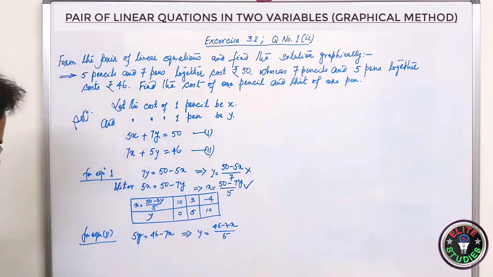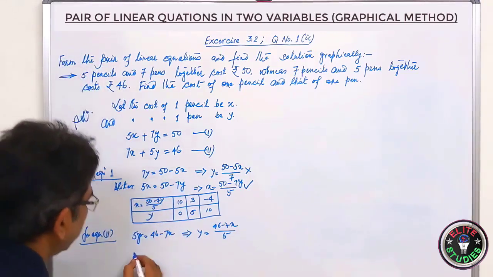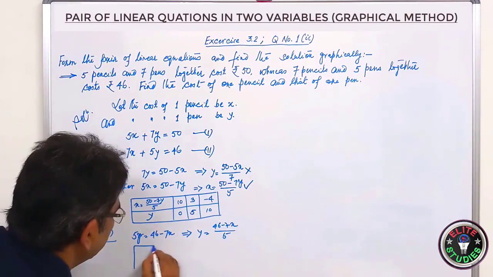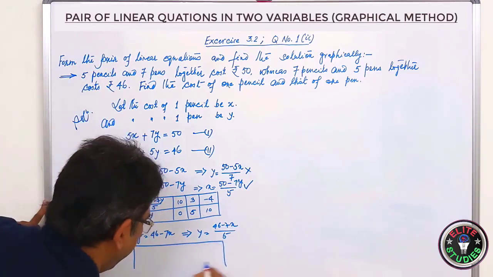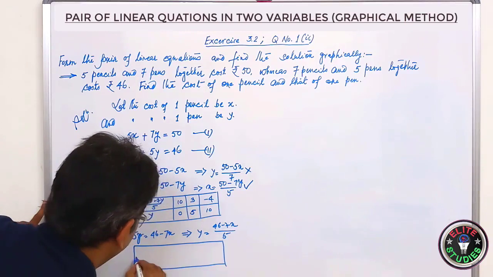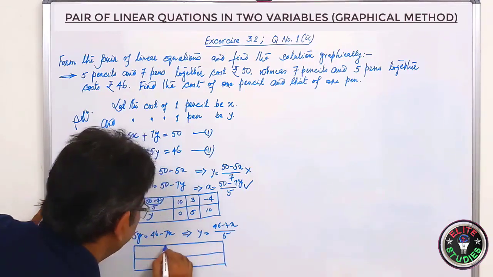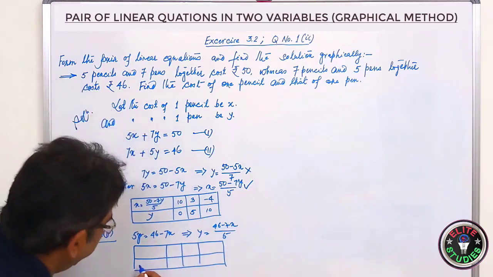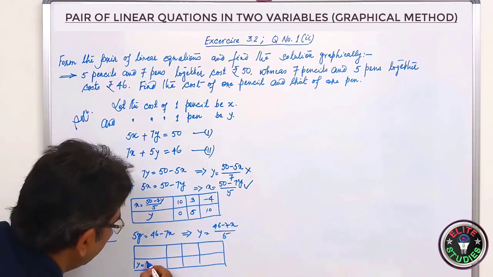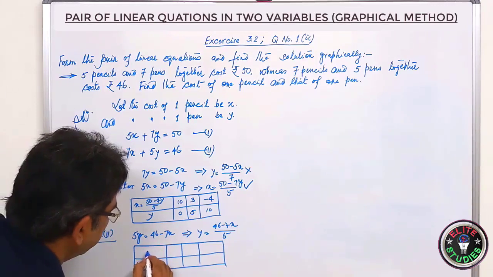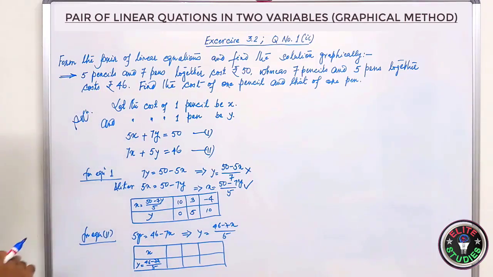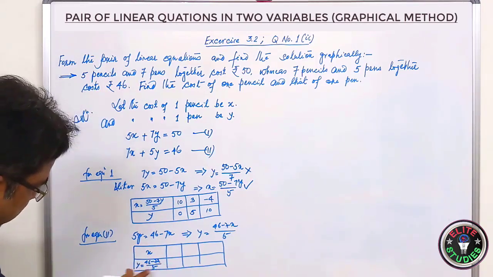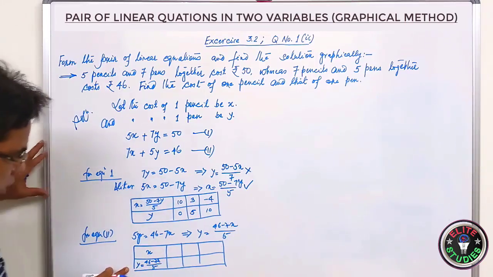So let us again plot these two. Now here y is equal to 46 minus 7x by 5, and here it is x. We'll put the values of x and try to get the value of y.